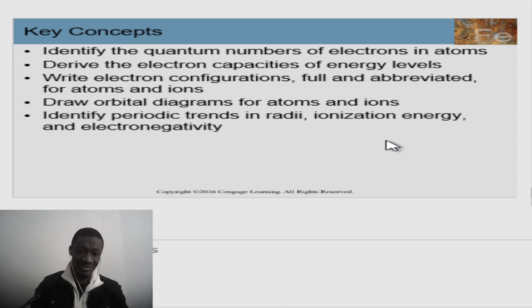Then we saw lastly your periodic trends, which are your ionic radius, atomic radius, the ionization energy, and electronegativity. All of those things are what we looked at in your electron structure and the periodic table. So that's it for the lecture, and see you guys in the next chapter.